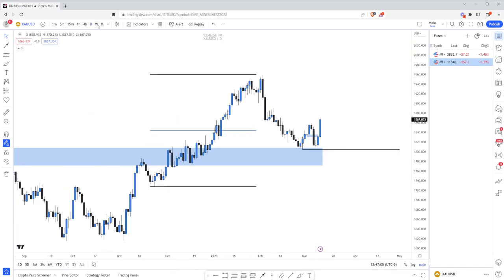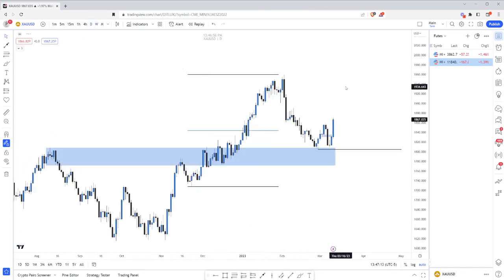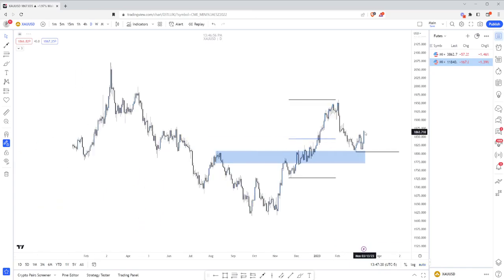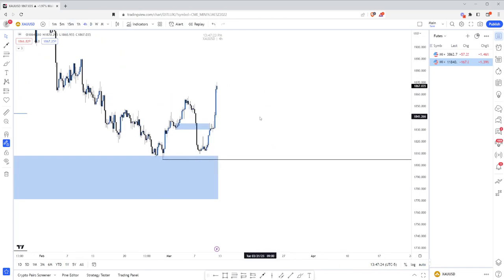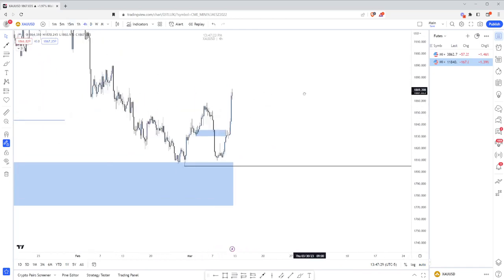The reason is the weekly breaker right here, and it took out all the stops from the last 3 years with a clear draw on liquidity to the upside. So I think gold's going to move up. That's all I need, and the 4 hour is pretty bullish. I'd be looking for some kind of retracement, and then I'd look to go long.